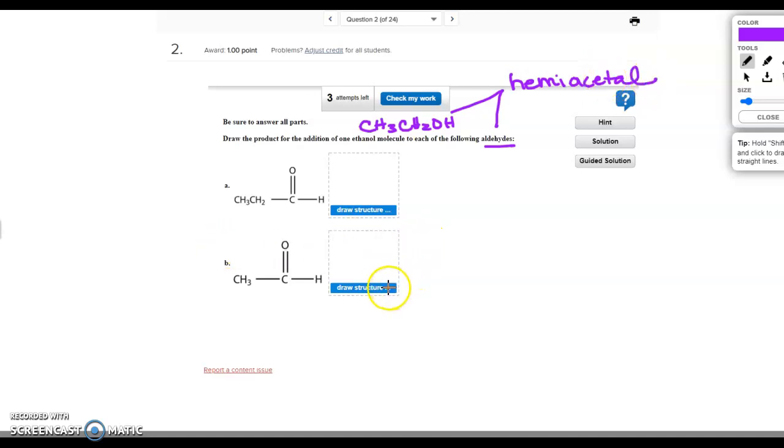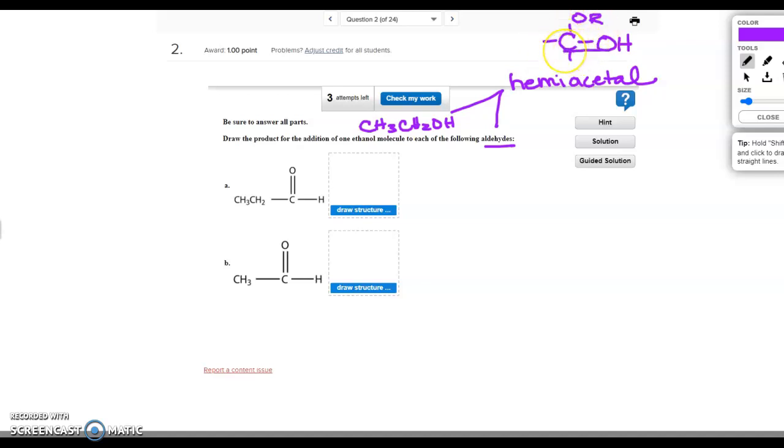And so that should be the structure I end up creating in here. Just to give it, let's review what a hemiacetal is. What's the general formula? A hemiacetal has a carbon that is bonded directly to a hydroxyl group and bonded directly to what we often call an alkoxy group.